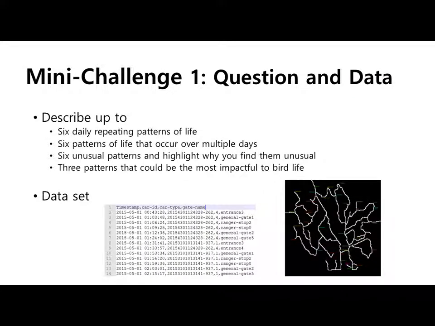Mini challenge 1 consists of 4 very clear, specific questions. The first is to describe patterns of life by vehicles traveling through and within the park.